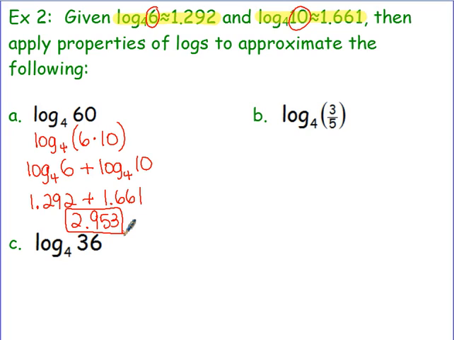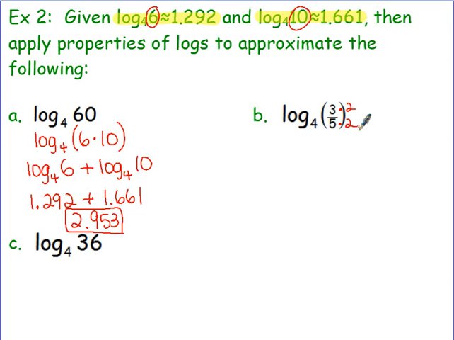Okay, so then we get to this one. This is the most challenging of them because this is a division problem, which is good, but that's a 3 and a 5. And we're only allowed to use 6 and 10. Well, hopefully, most of you are thinking, wait a minute. I can just multiply the top and bottom of this fraction by 2.